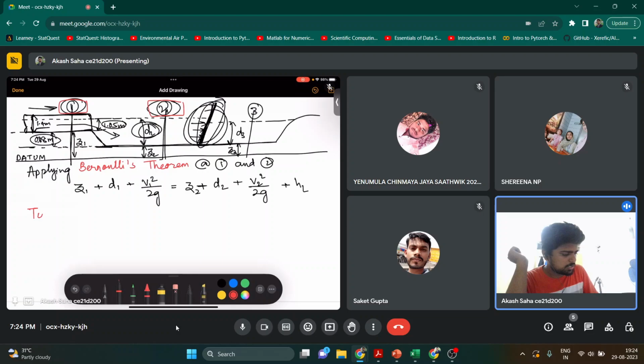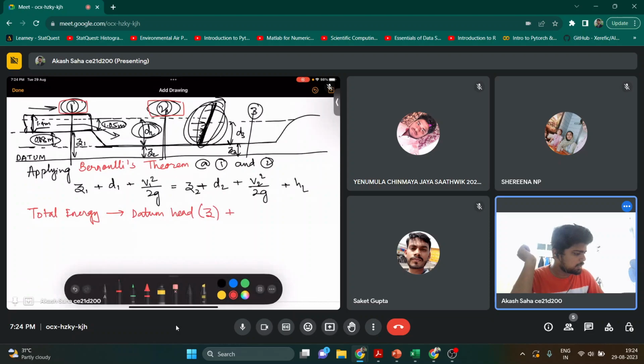So my total energy in terms of head will be my datum head, that is Z, the distance from this area, then my water depth, that is D, and then my velocity head, which is v square by 2g.